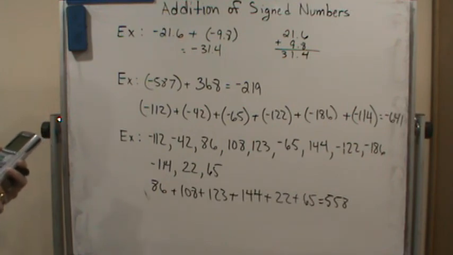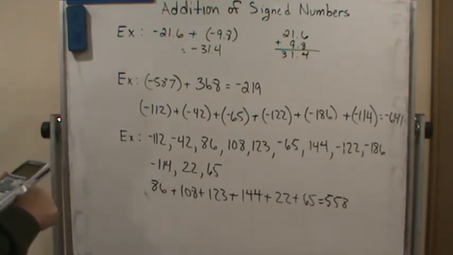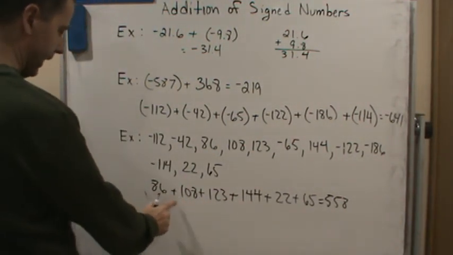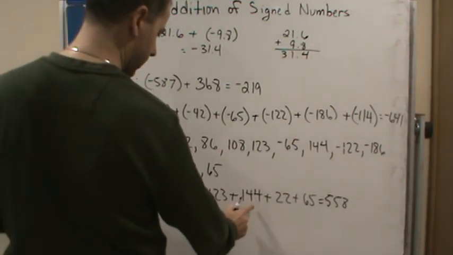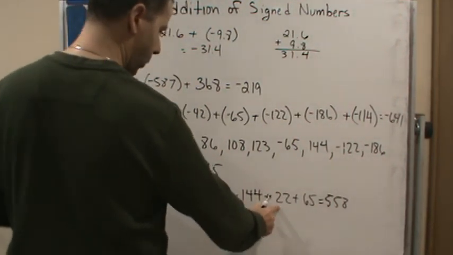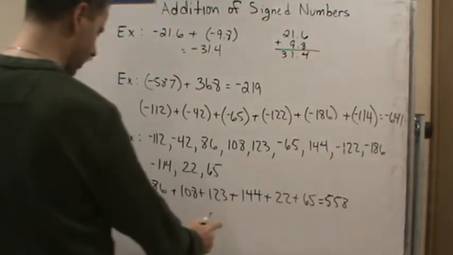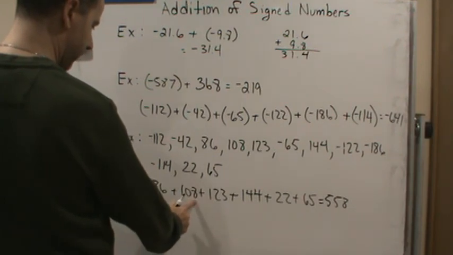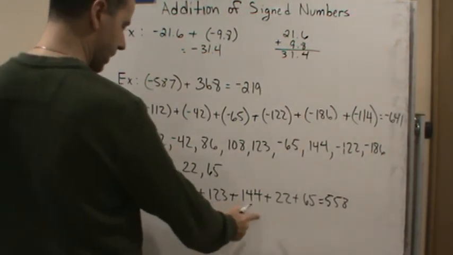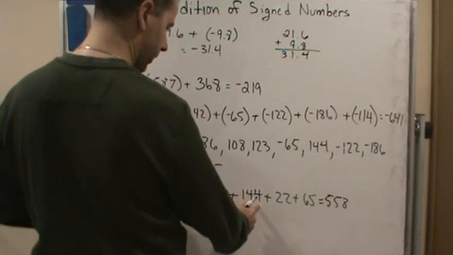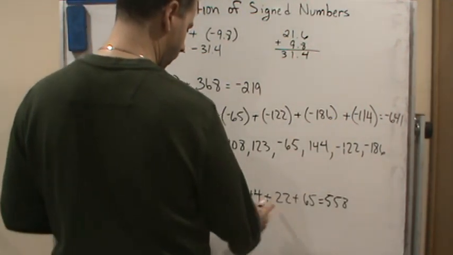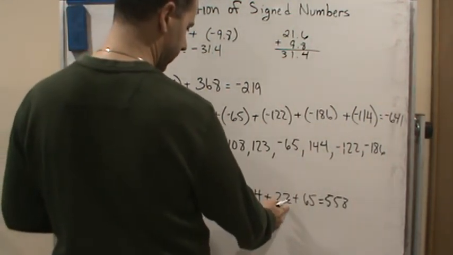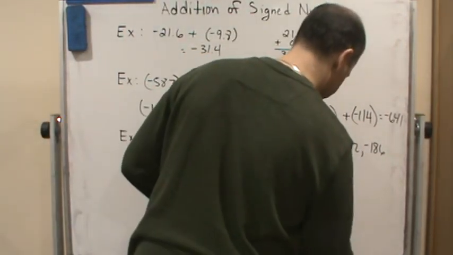Yep. Oh, wait a minute, 548. Did I mess up? Looks like I messed up. So 1, 2, 300, 380, 400, 440, 460, 520, 526, 534, 537, 551. Oh, 541. That's where I messed up. 541, 543, 548. Okay, yep, that's where I messed up.